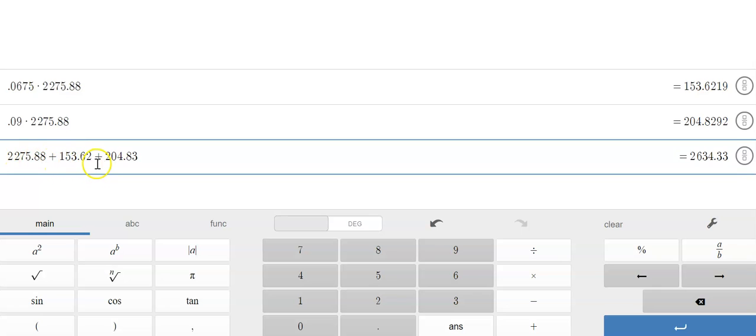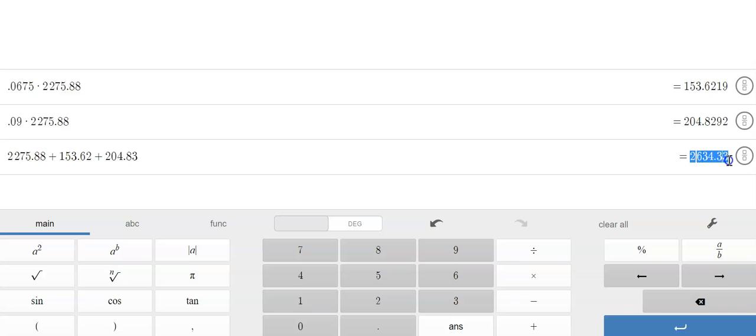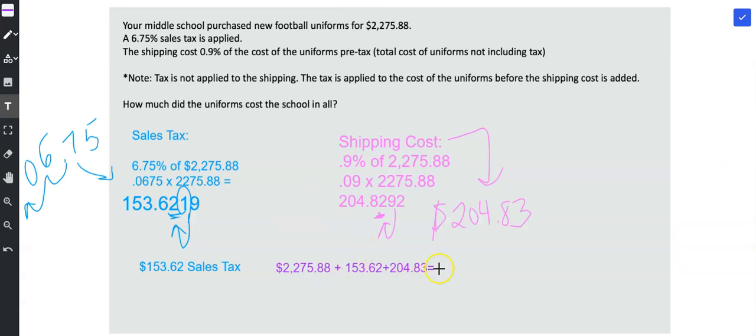And when you add those 3 prices together, we get $2,634.33. So your middle school pays, I'll put a $ sign and then paste the amount for new football uniforms.